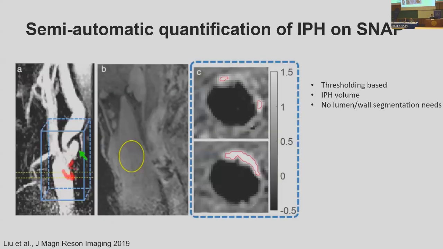So this is work by Jin Liu, a PhD student in our lab, and she did this work using thresholding of an artery, and without doing anything else, you can generate a map of where the IPH is, its volume and distribution.